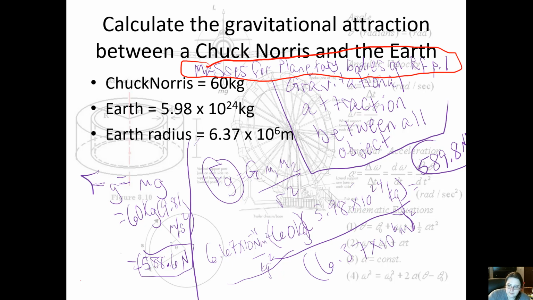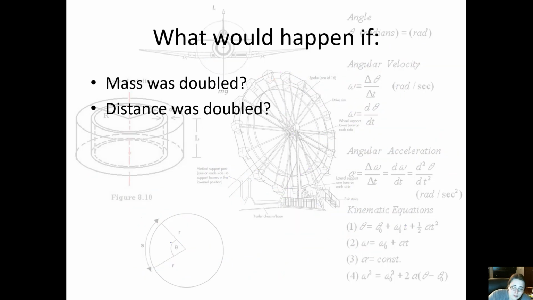Okay? All right. So now we have to deal with ratios. This is something that comes up a lot in the force due to gravity, just this big equation, because they want you to practice looking at how things change when you're only changing one of the other things. So the equation we have is the force due to gravity is equal to big G m1 m2 divided by r squared.